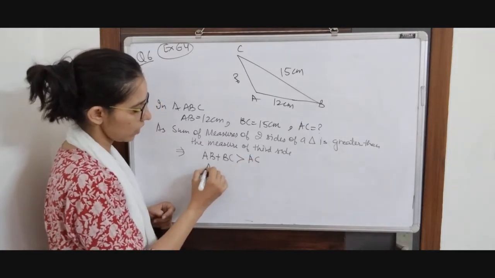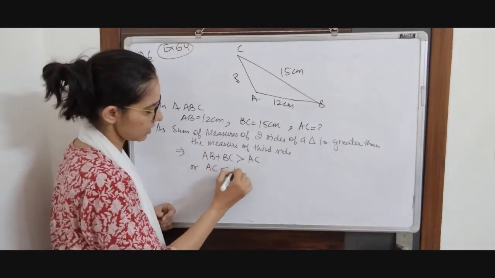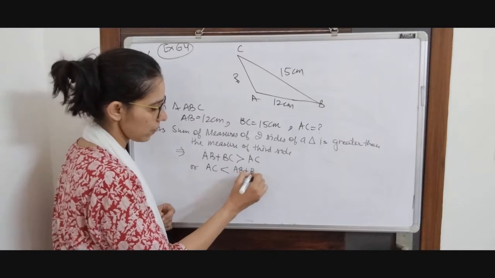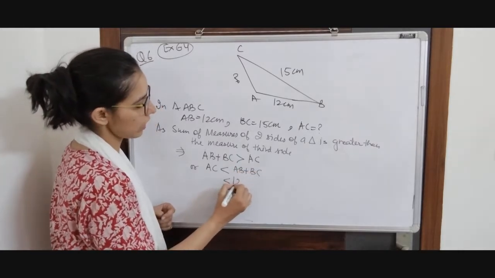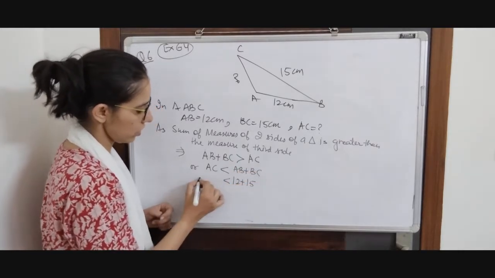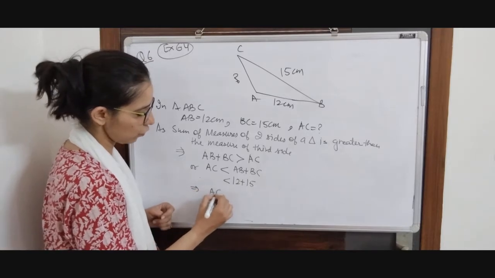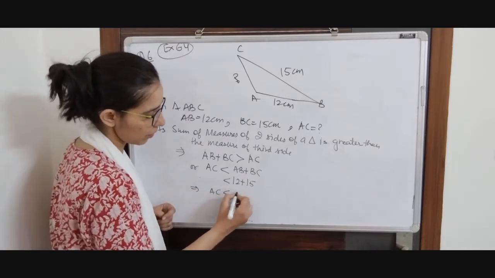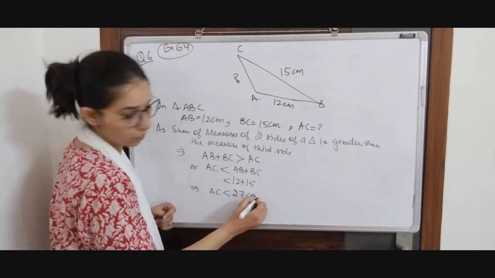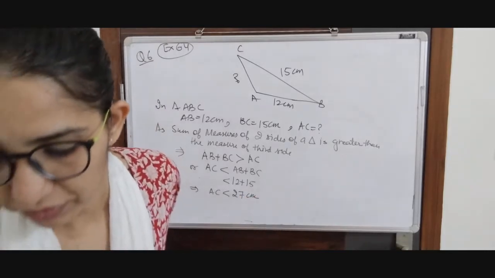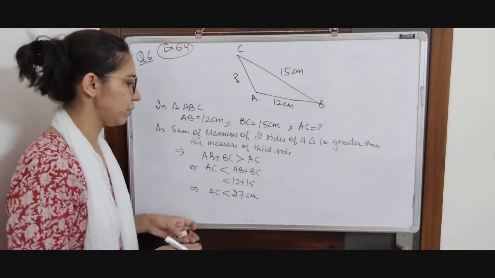Or you can say AC is less than AB plus BC. Your AB is 12 and your BC is 15, so AC is going to be less than 27 centimeter. Yes, it is in centimeters.